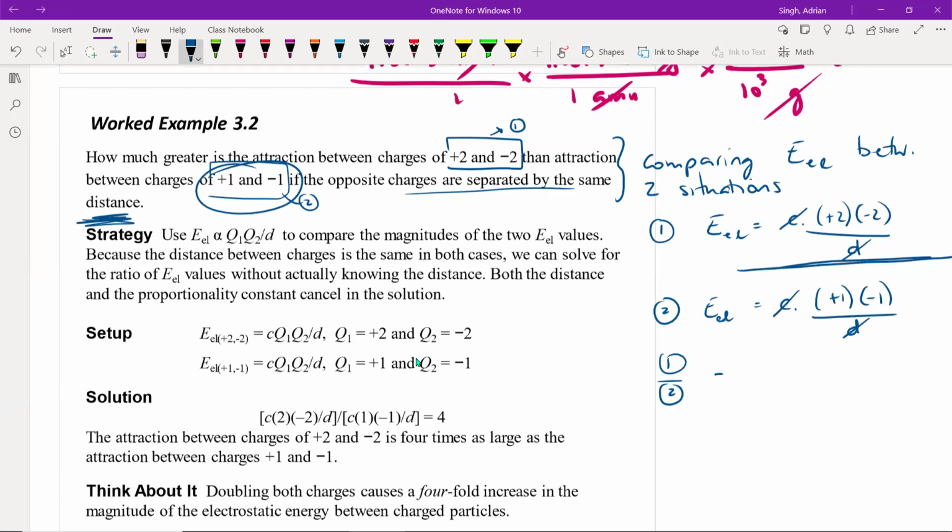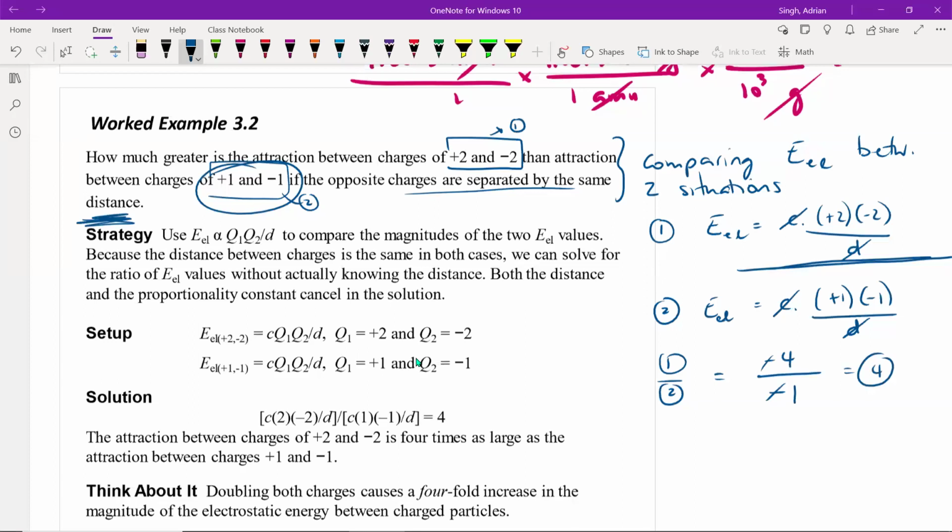To simplify, I now have +2 times -2 is -4, and +1 times -1 is -1. The negative signs go away. 4 over 1 is the same as 4.